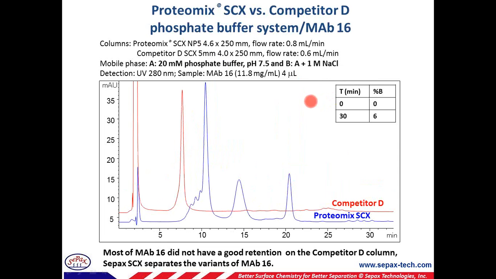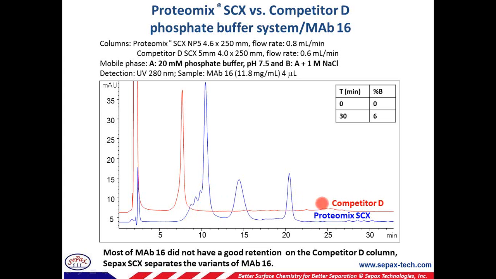This is a comparison with a different mAb using the same set of columns, the Proteomix SCX versus the competitor's column, also SCX. With our SCX, the mAb 1-6 separates all the three major peaks with variants in the front.